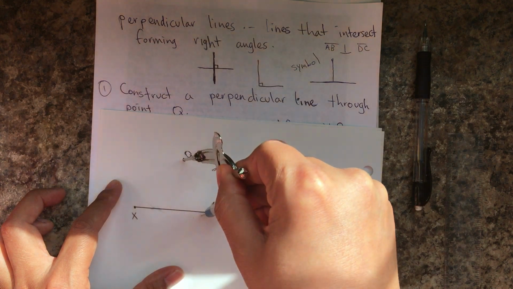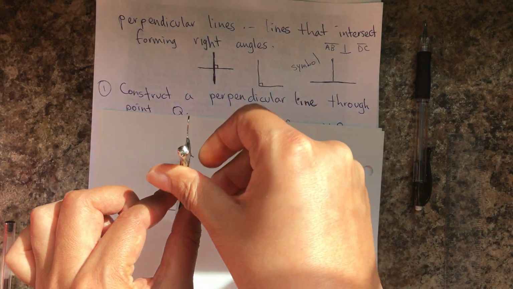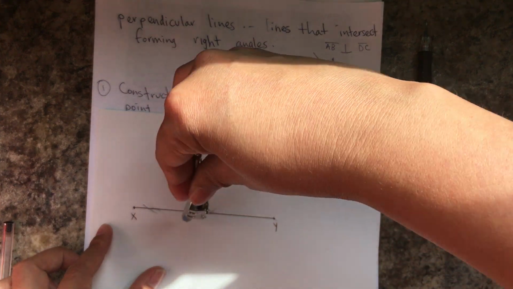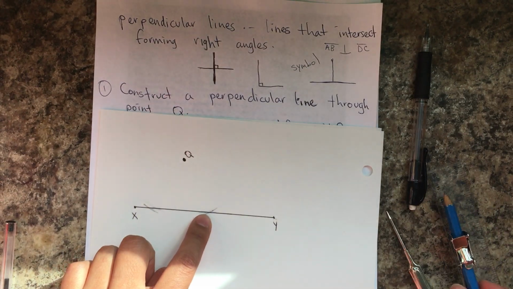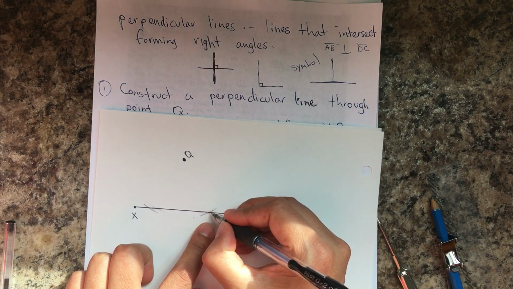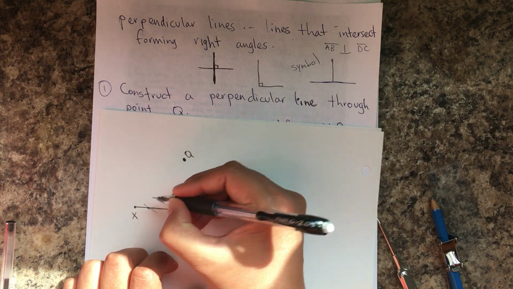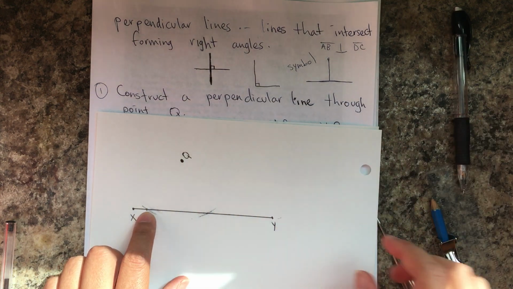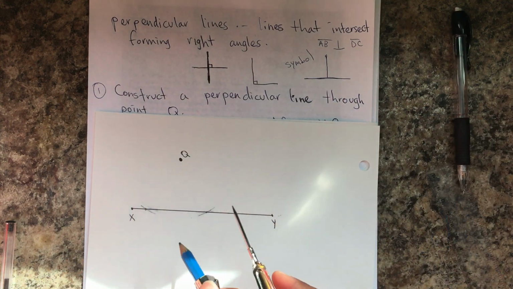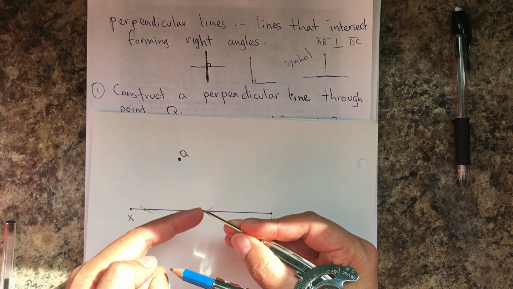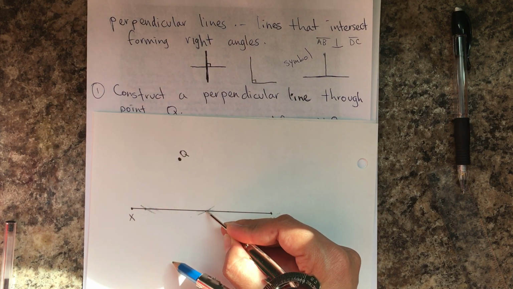Maybe I'll do it lighter. So that's going to be one arc and then another arc. That's much better. There you go. So you need those two arcs in there. They have to be on the line, and the other point is on point Q. Those intersections become the new point where you're going to put the point of the compass.